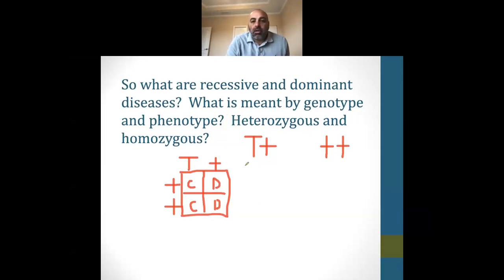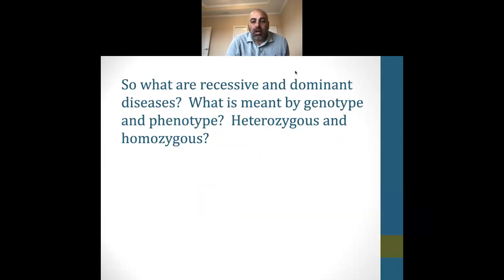Now, if this is a dominant disorder, things change. Oh, you can't erase. Let's say it's a dominant disorder. Let's use the same people. Now this guy has the disease. This one does not.